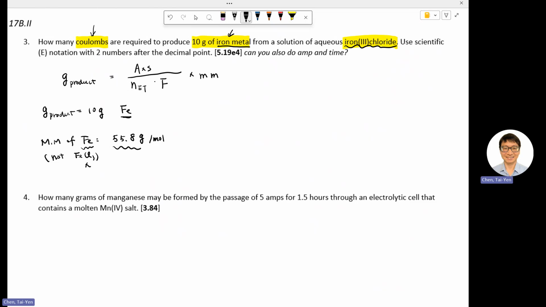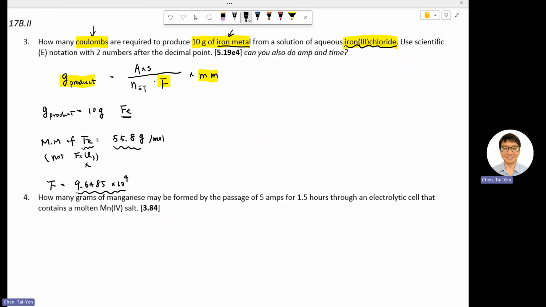And then the Faraday constant F is simply equal to 9.6485 times 10 to the fourth power. This is a constant that will be provided in your test. So now you have this, you have this, you have this.